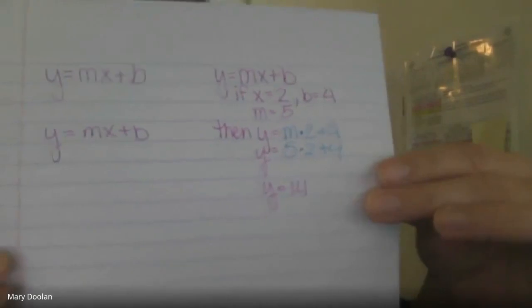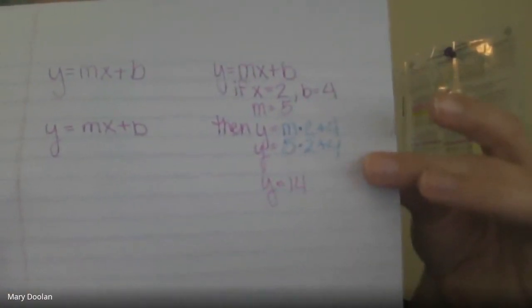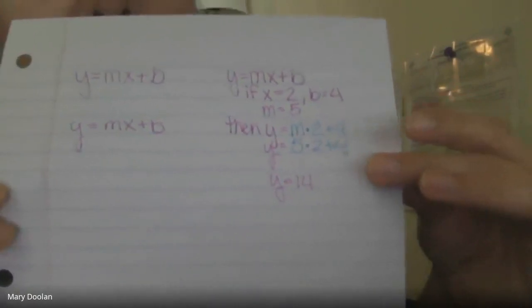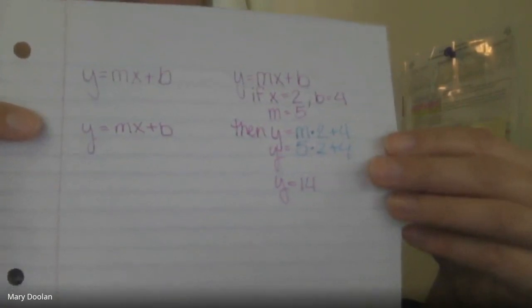So when it has specific values, I could get y is equal to a numerical value, whereas the literal equation is in terms of other variables.